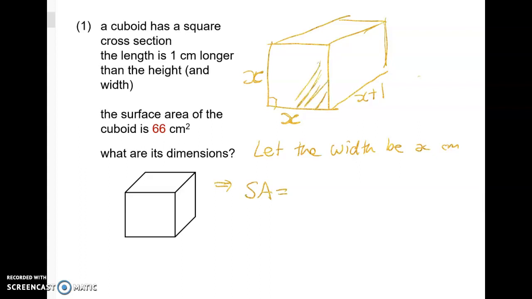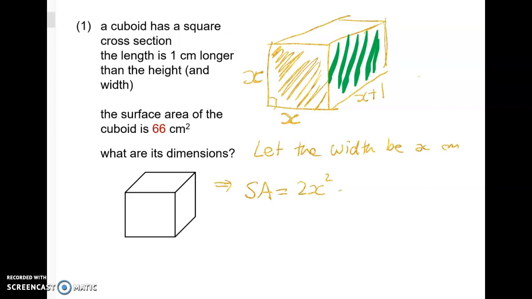I've got the front and the back face, so that's x squared times 2. Then I've got this side here, and that has dimensions x plus 1 and x. So its surface area will be x times x plus 1, and there are 2 of those.